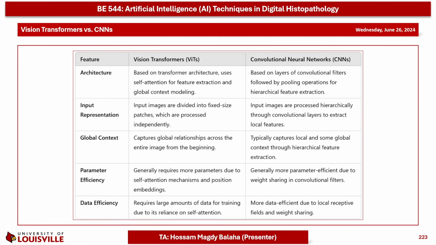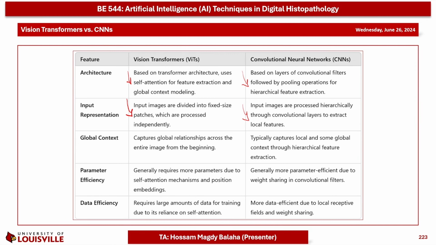After understanding the vision transformer, now we can compare vision transformers and CNNs. The vision transformers utilize self-attention for feature extraction and global context modeling, while CNNs apply convolution and pooling layers. For the vision transformers, the image is divided into patches with fixed size and non-overlapping, while CNNs deal with the pixels and reduce the dimensionality using the pooling layers to extract the local features.